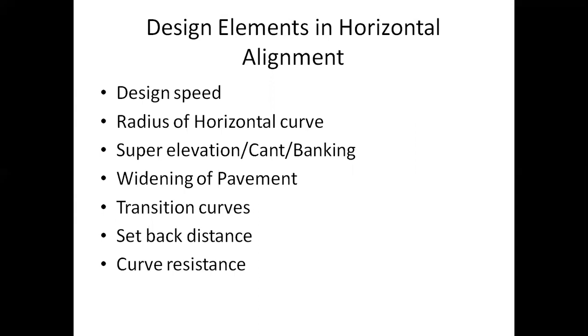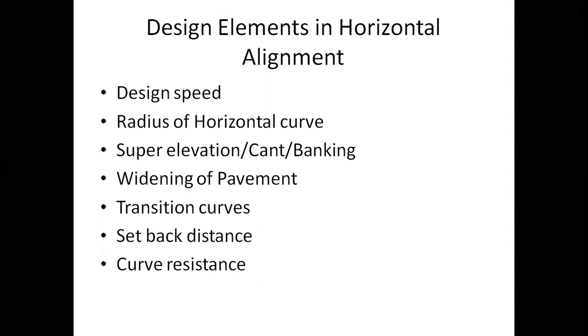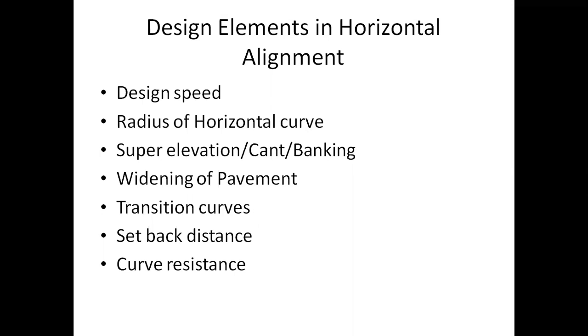All the geometric elements will be designed based on this speed. You have studied the geometric elements of a highway, right? The alignment, the horizontal curve, whatever it is, mostly all of them will be designed based on this ruling design speed. So generally we take it as the maximum speed.